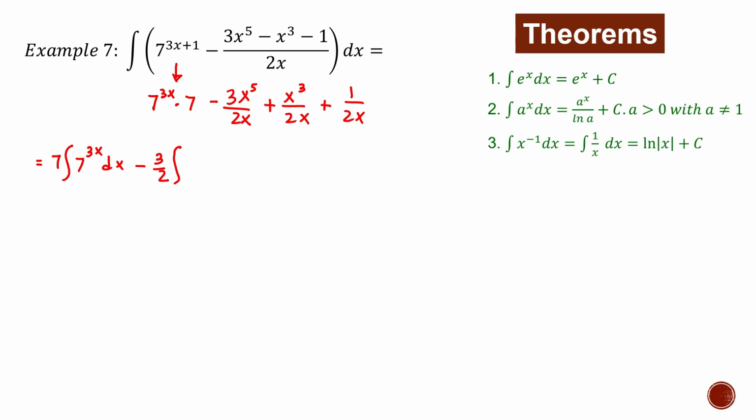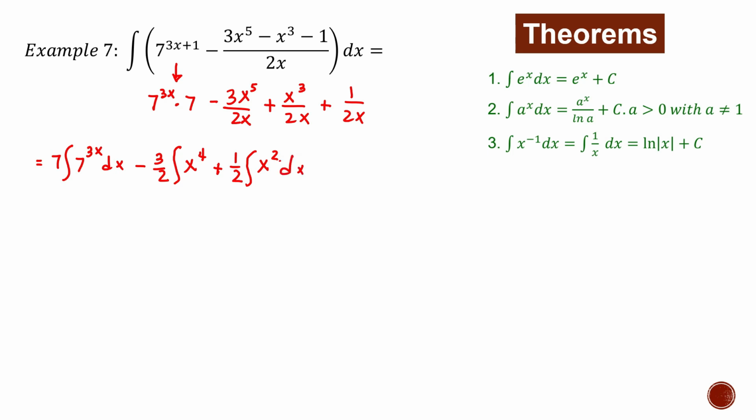X raised to 5 over x is x raised to 4, minus, or plus rather, this is going to be 1 half, and then x cubed divided by x is x squared, plus dx.